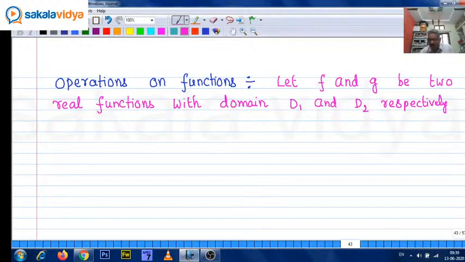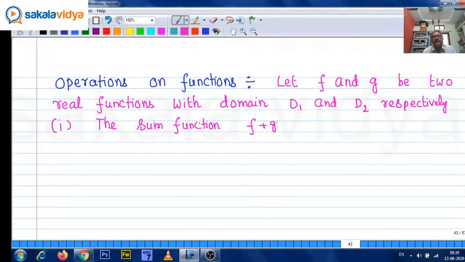Next, the first one, the sum function. If we add two functions, we get another function. That function is called the sum function, f plus g.